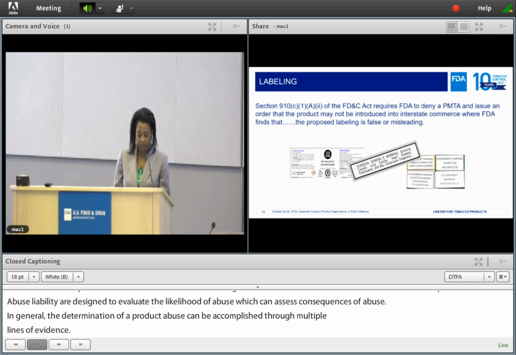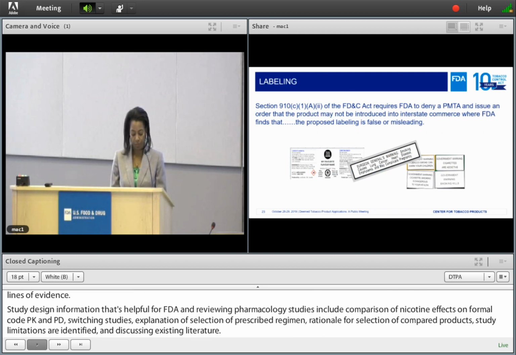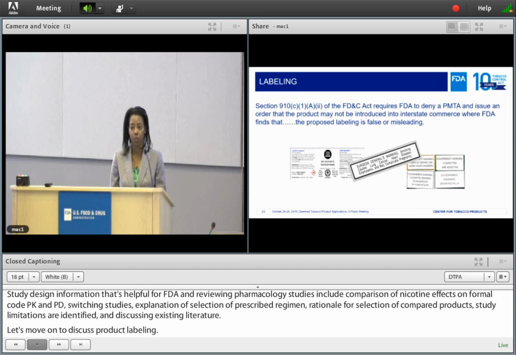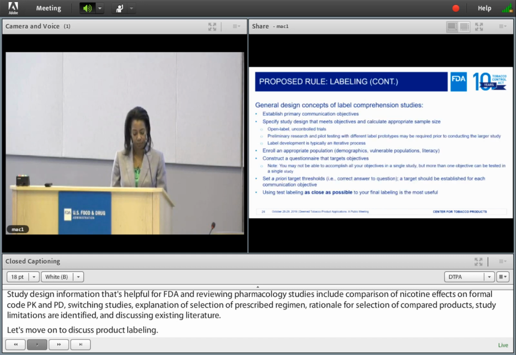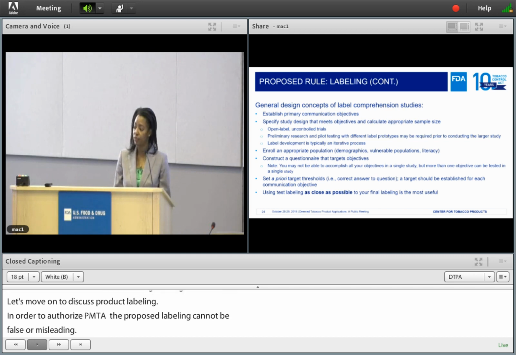So let's move on to discuss product labeling. In order to authorize a PMTA, the proposed labeling cannot be false or misleading. A label comprehension study can be conducted to evaluate whether consumers understand the key label messaging and communication of information.